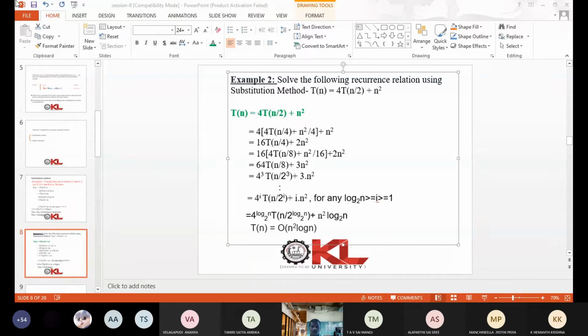Bhuvana, are you solving this problem? Yes, sir, I just started. Just share it through the chat box. Upload your file of solving that. Sai Manoj, are you solving? Yes, sir, I'll upload once I solve it.